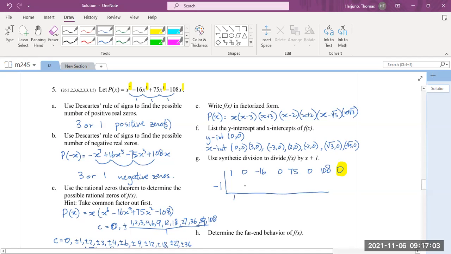Okay, so 1, negative 1, negative 1, 1, negative 15, 15, negative 15. This is 60, negative 60, negative 60. That's 60, 168, negative 168, negative 168.